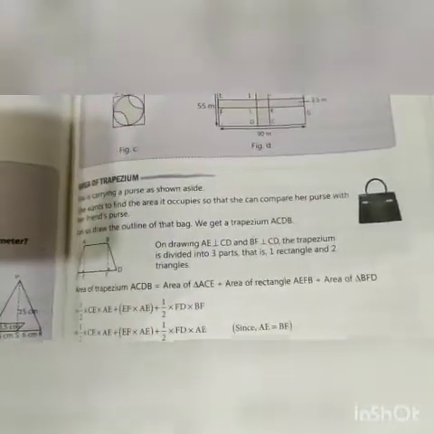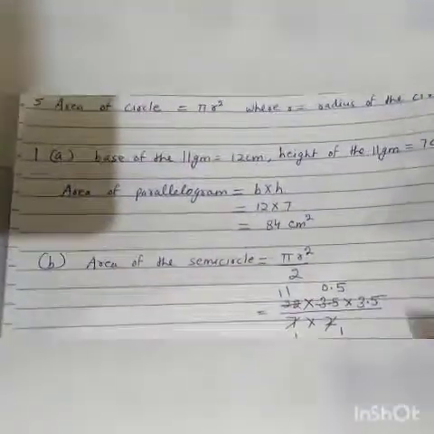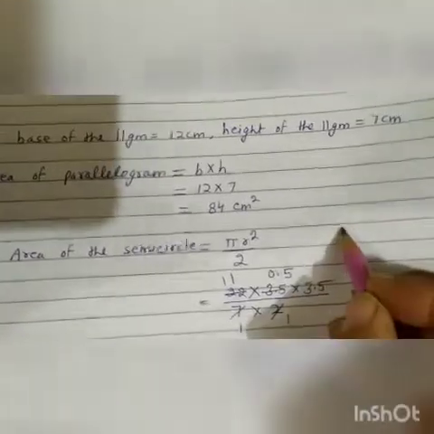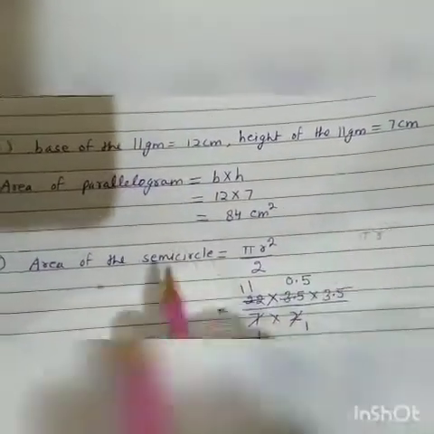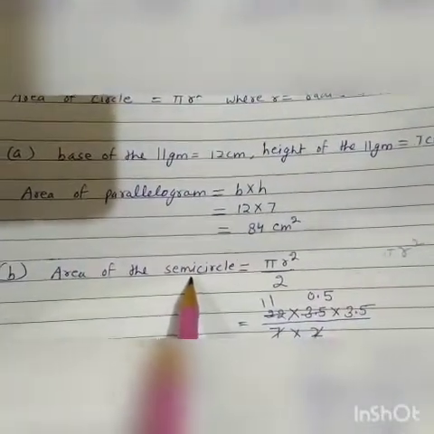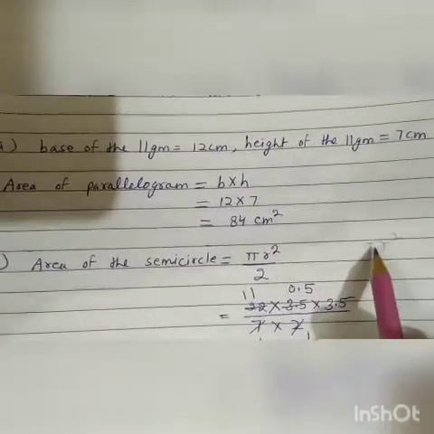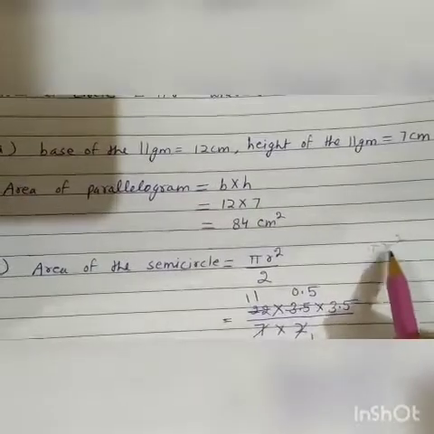So what will be the area of this semicircle? Area of full circle is pi r square. So area of half circle, also known as semicircle, is equal to half of this pi r square, so pi r square upon 2.